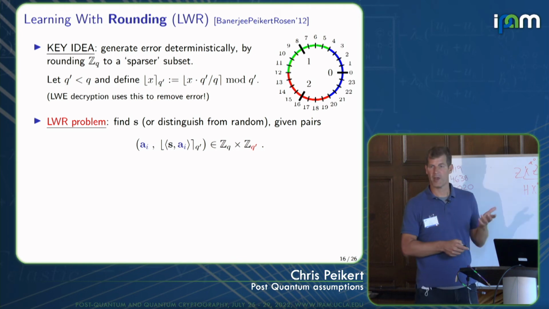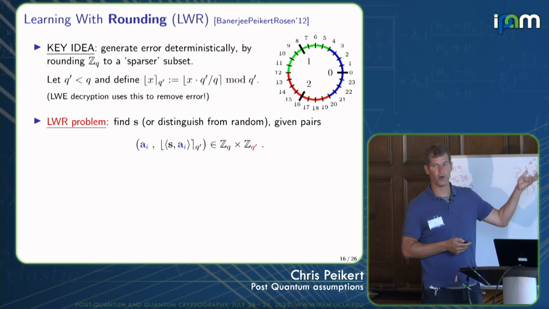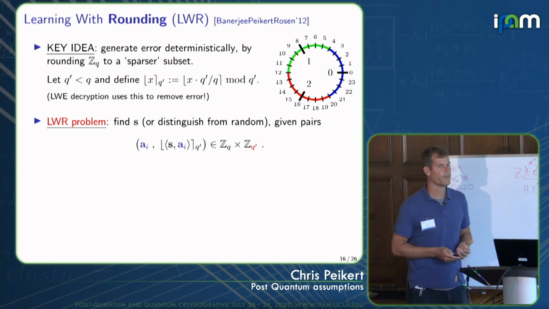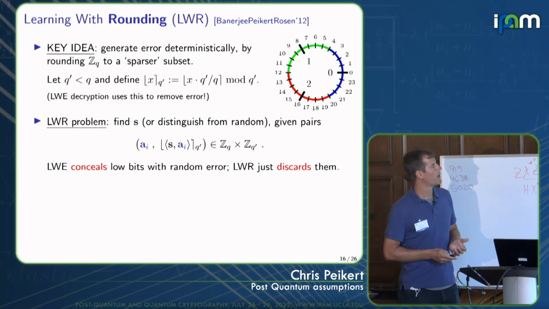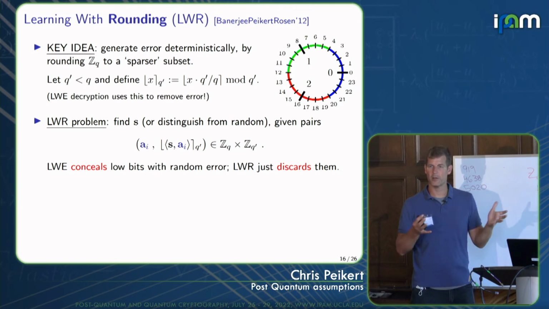But instead of adding error, we just round off to the smaller modulus. Okay, so there's no error except for the implicit rounding error. And one way to see this is like LWE conceals low bits by adding some random error to the value. And LWR just discards these low bits.